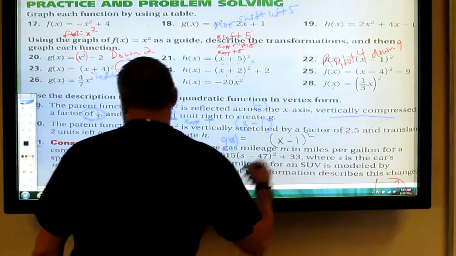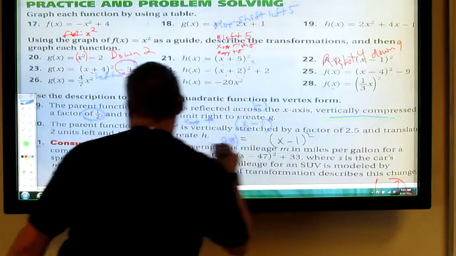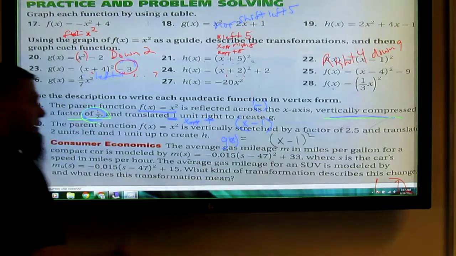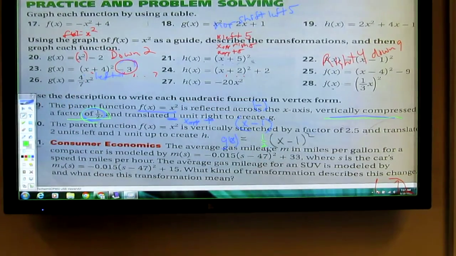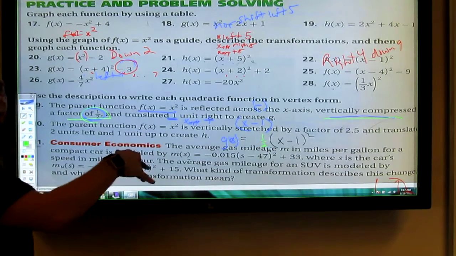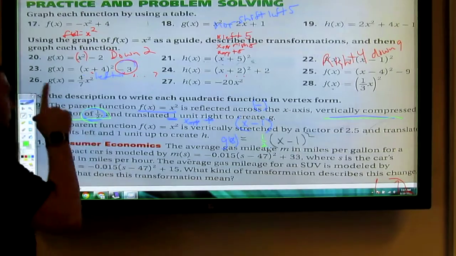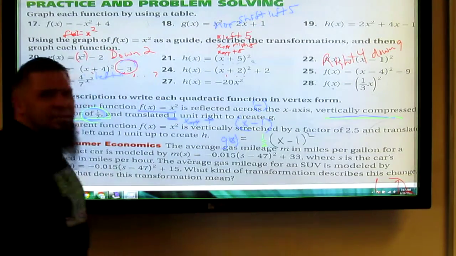That means, let's change that picture. So this vertically compressed means that I have a 1/2, right? So we don't flip it because it's vertical. We do exactly what it says to do. But it's outside the box. Yeah? But it gave us this reflected across the x-axis. What does that mean?